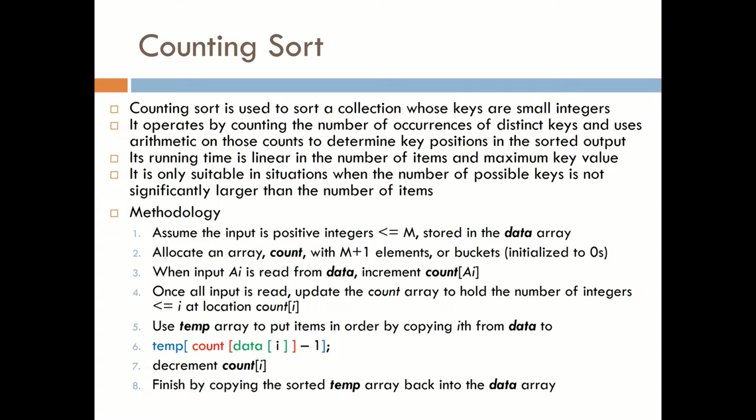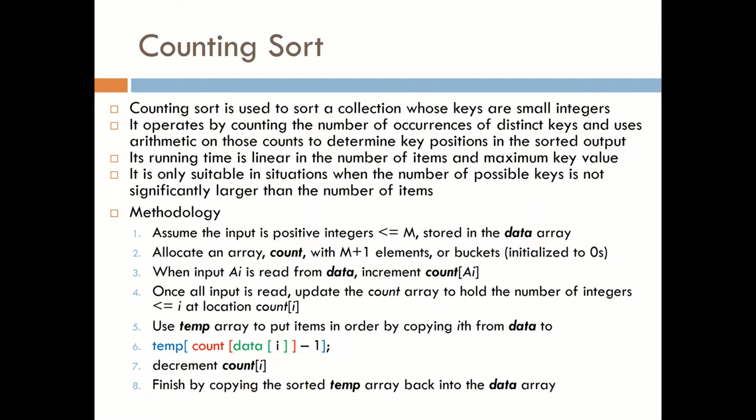Counting sort is used to sort a collection of basically small integers. And the way it works is it counts the number of occurrences of distinct keys and uses arithmetic on those counts to actually determine the final position of that value in the sorted array.